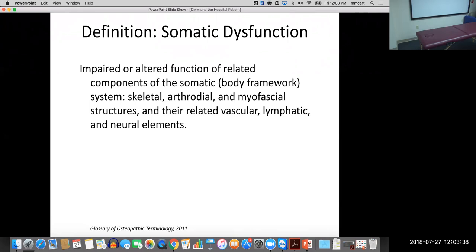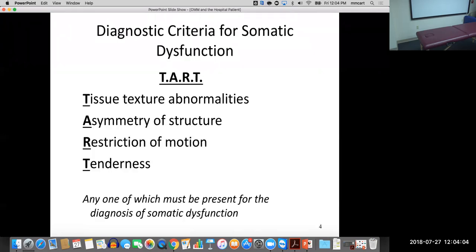So what we're saying is that the musculoskeletal system can have a profound influence on basically the control system that works both the musculoskeletal system as well as all the viscera. From the point of view of the hospital patient, we're concerned with things like breathing and the heart beating. And what we're saying is that the musculoskeletal system could influence that function. So it might be worth looking at.